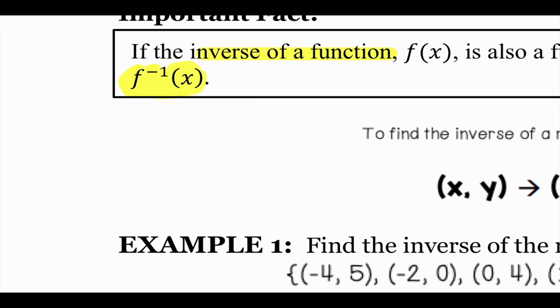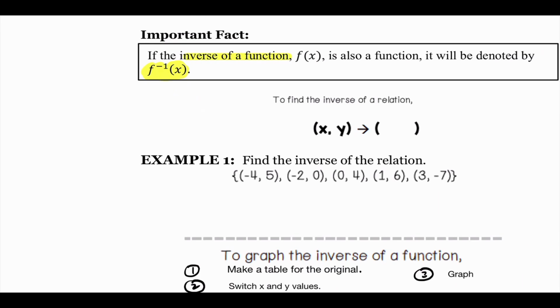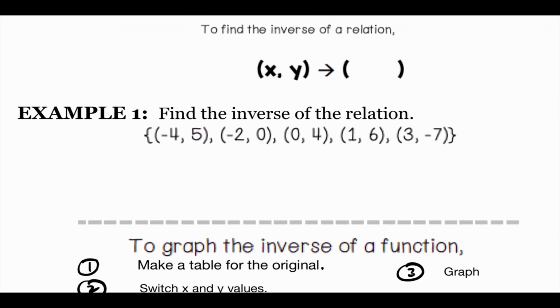Okay, so the easiest way to find an inverse is just to switch x and y. So instead of x coming first, y would come first. X would come second.